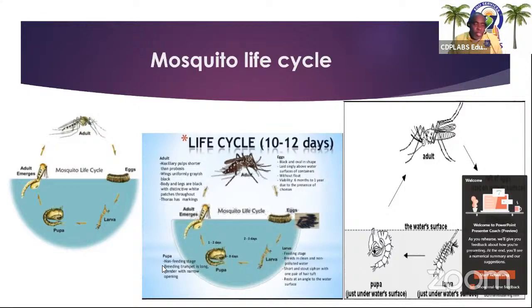It stops eating, no feeding at all. The breathing trumpet is long, so it started to depend on oxygen now. It's slender with a narrow opening. So that's the breathing trumpet. It starts now to develop whatever it uses to breathe. And then in 1 to 2 days, it becomes an adult.